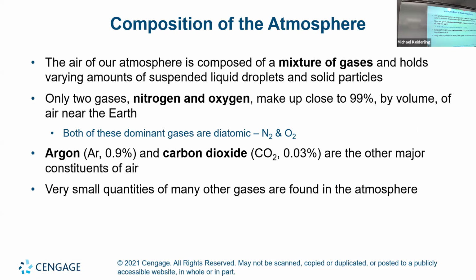Most of the atmosphere is made up of nitrogen and oxygen, about 99% by volume of air near the Earth. And both of these are diatomic, N2 and O2. Argon makes up about 1% of the atmosphere, and carbon dioxide is a little bit more than 0.03%.